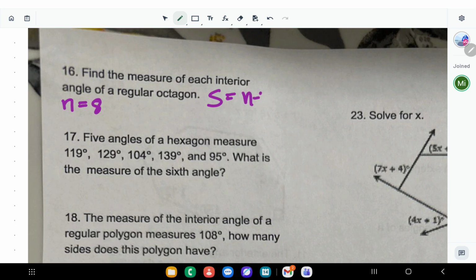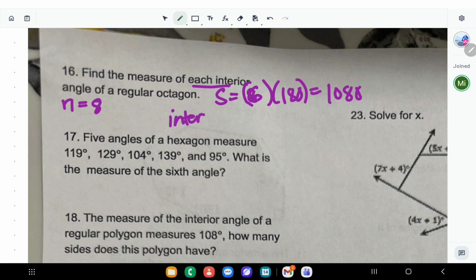So n minus 2 times 180. So that is 8 minus 2, so 6 times 180. What is 6 times 180? Okay, 1080.